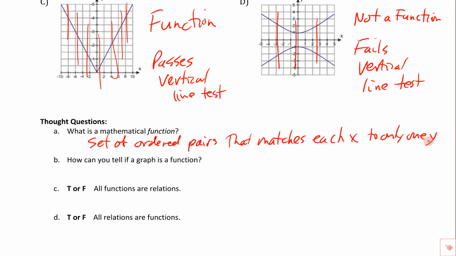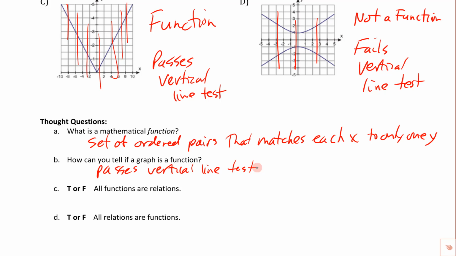Okay, that's what we're going to say is a function. And how can you tell if a graph is a function? We're going to say that it passes the vertical line test. That's going to check and make sure that each x corresponds to only one y.